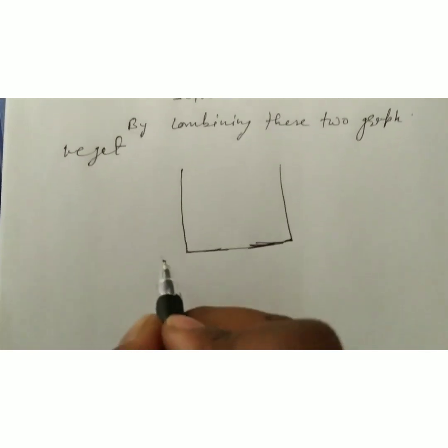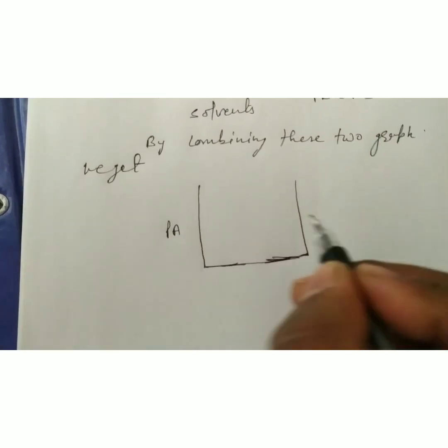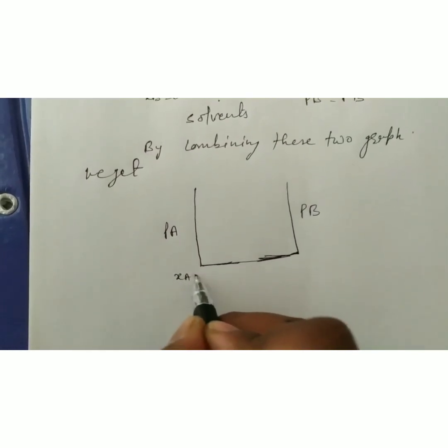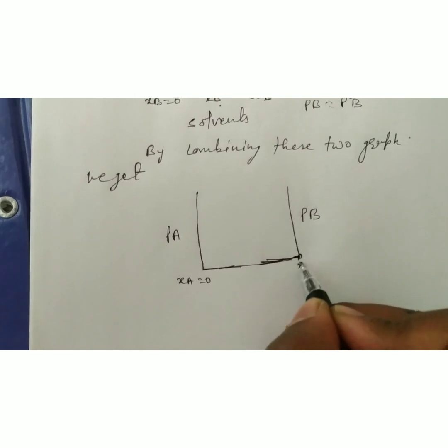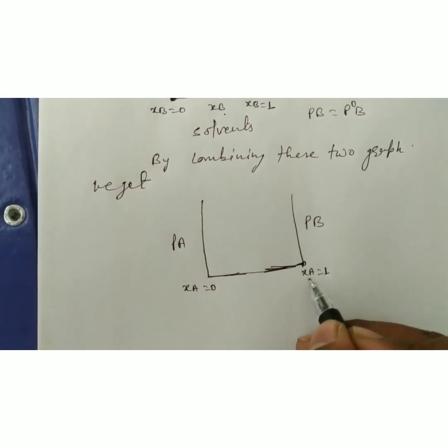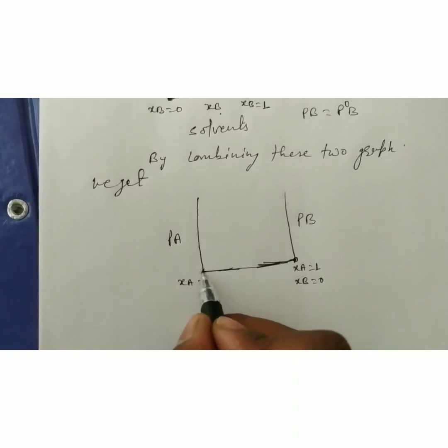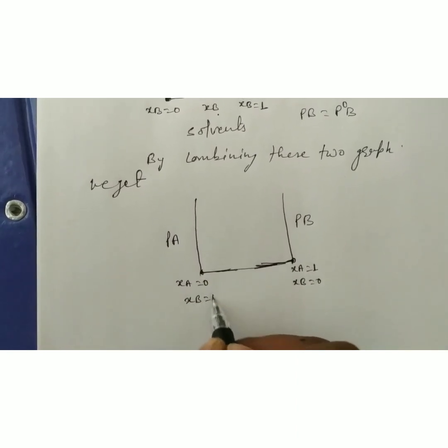Here this is the partial pressure of solute, this is the partial pressure of solvent. When XA equals 0, this is the point, and when XA equals 1, this is the point where XB equals 0, and this is the point when XB equals 1.